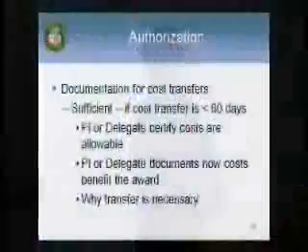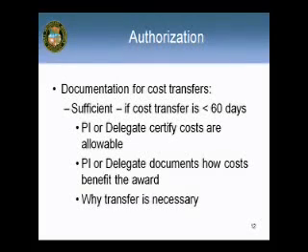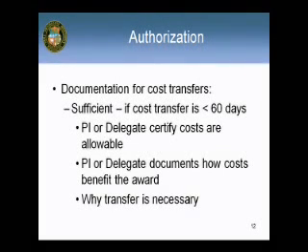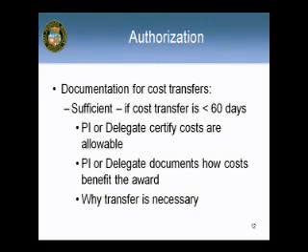For transfers less than 60 days old, we're going to say that it needs to be sufficient. Sufficient documentation means the PI, or the delegate, is going to certify that the costs are allowable and how the costs benefit the award and why the transfer is necessary.